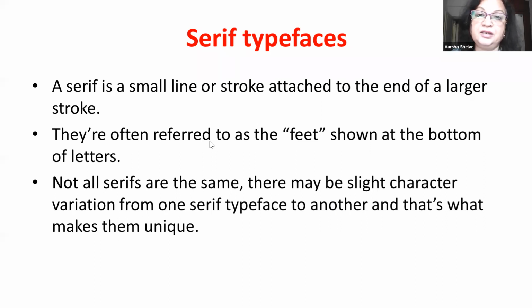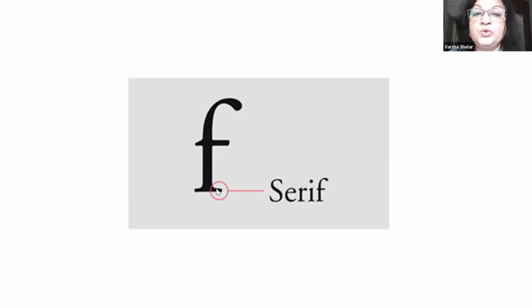But this is basically one of the most important classified serif categories. So you see here this F. What you see at the bottom, that extended stroke, is what is called serif. Is it clear?